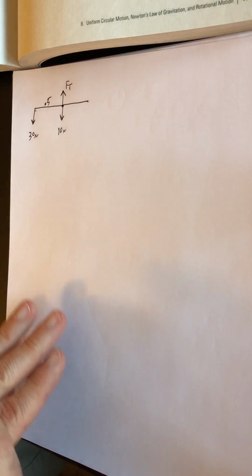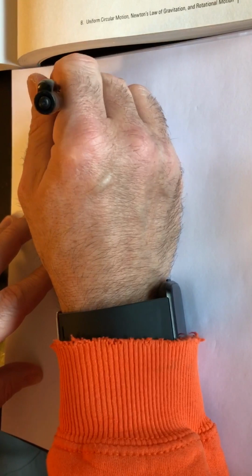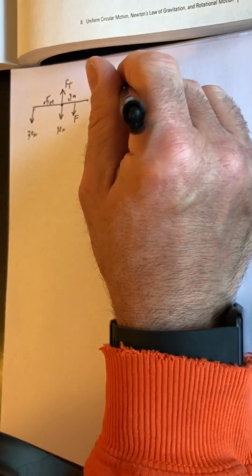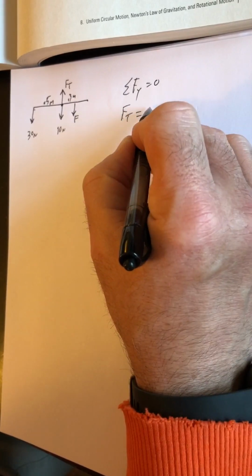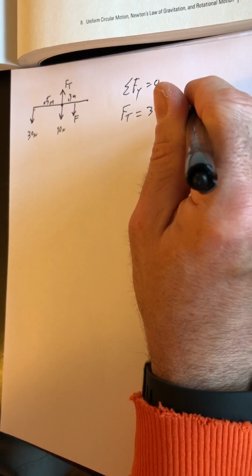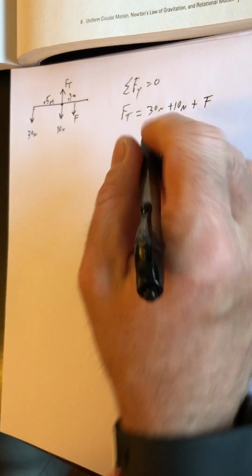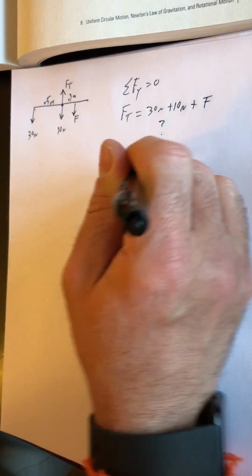It's at 0.5 meters, and then we have this unknown force here that's at 0.3 meters. You cannot solve it with the sum of the forces in y, but just to show you, I'd have force of tension equals 30 newtons plus 10 newtons plus the unknown force. So I have 2 unknowns. So I have to do the sum of the torques.